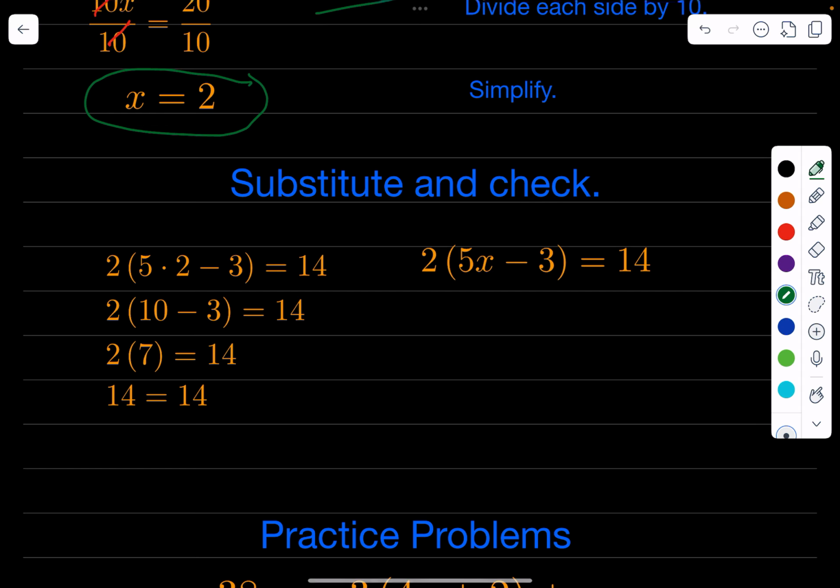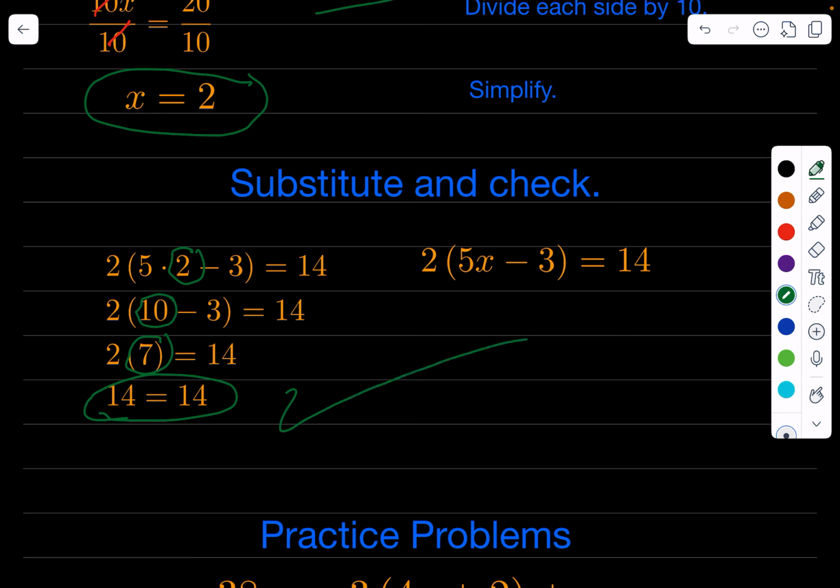So we've got 2 times 5 times x. X is, we think, 2. Minus 3 is equal to 14. So inside the parentheses, we multiply 5 times 2. That gives us 10. 10 minus 3 is 7. 2 times 7 is 14. 14 equals 14. Our answer checks.